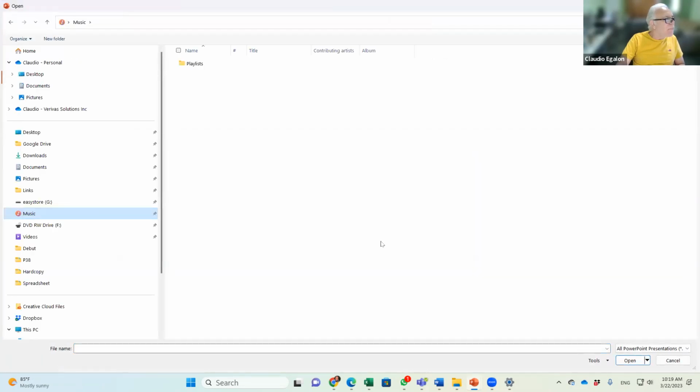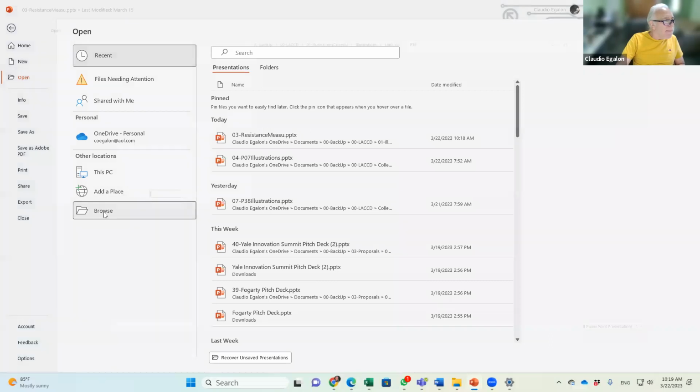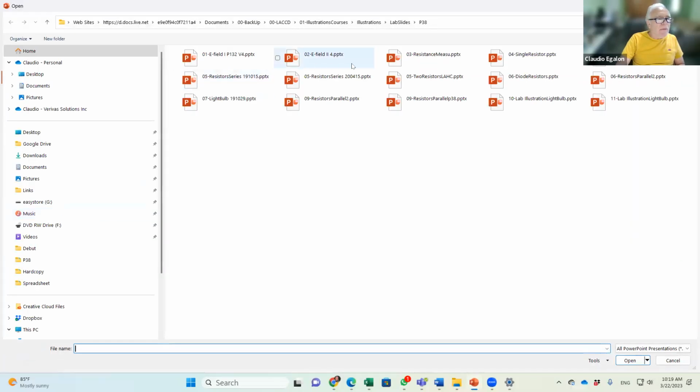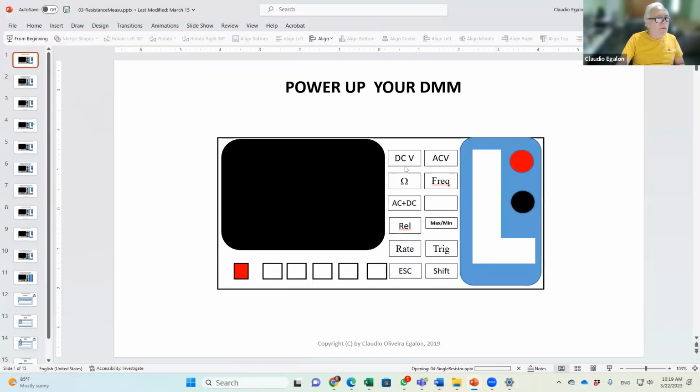Resistor, resistance, single resistor. Here you go. That's the one I want.